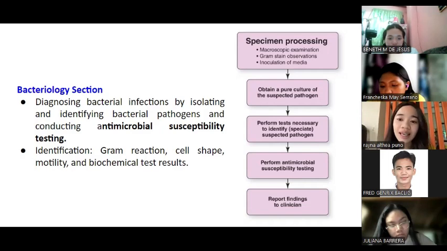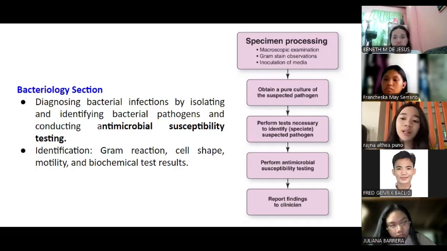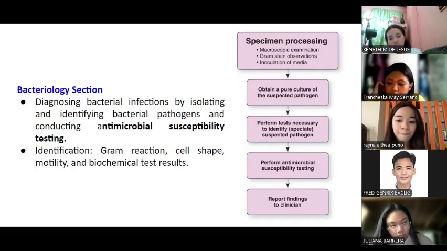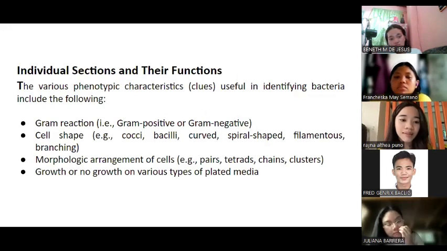For the motility, this tests whether bacteria can move on their own, which is another factor in identification. And the biochemical test assesses the metabolic activities of bacteria, providing additional information that helps in pinpointing their identity. Next slide.